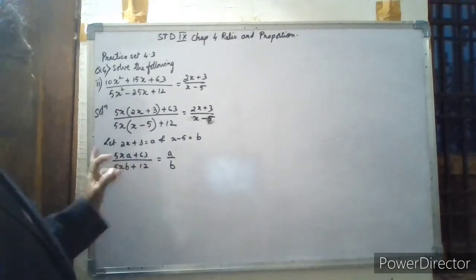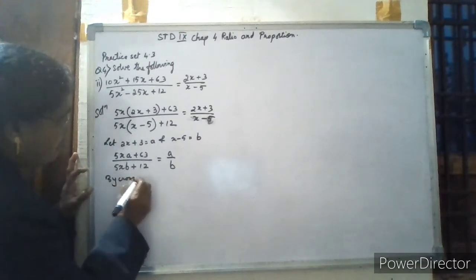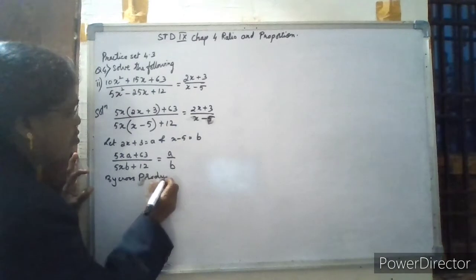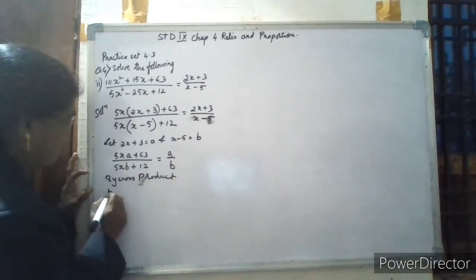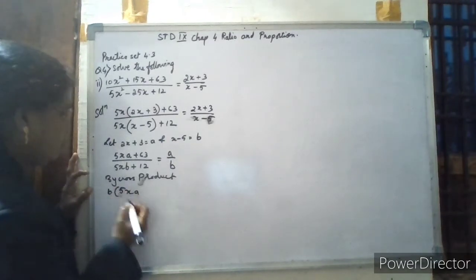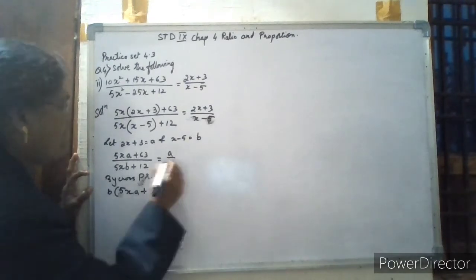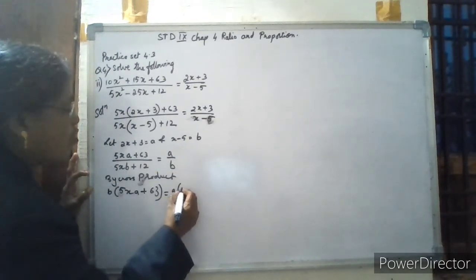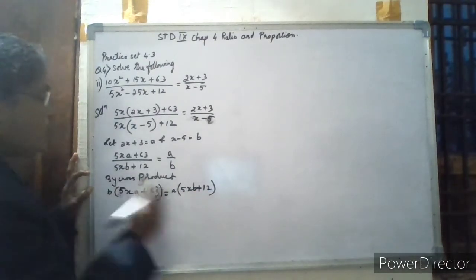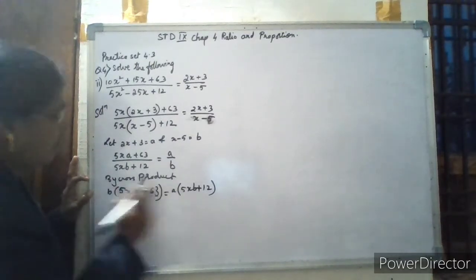Now do the cross product. B into (5xA + 63) is equal to A into (5xB + 12). Open the brackets, multiplying with the number outside.